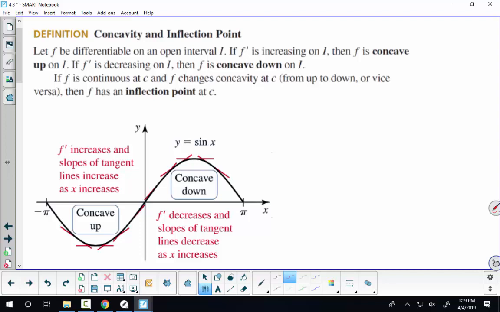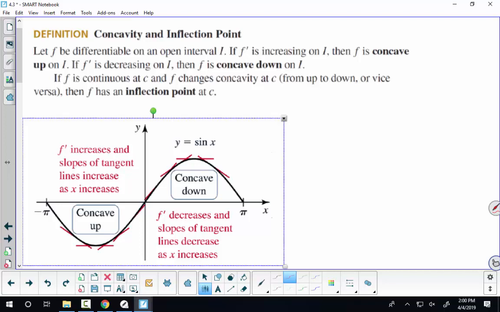So this is concave up and then it's concave down, but where does it stop being concave up and start being concave down? Where does that transition point occur? That transition point is called the inflection point. So the function changes concavity at a certain location. That c value is your inflection point.